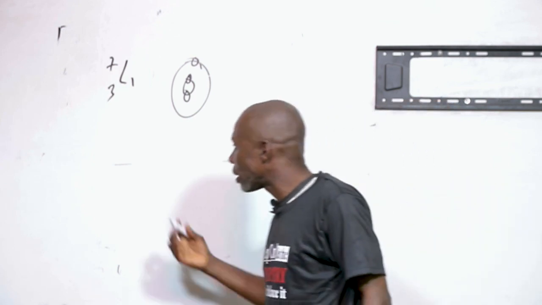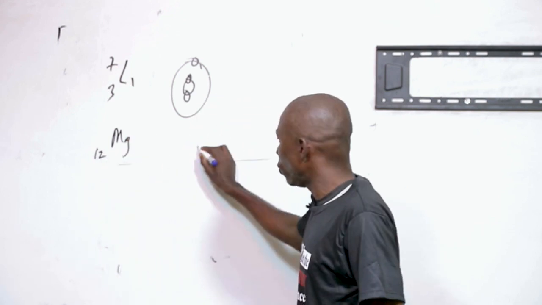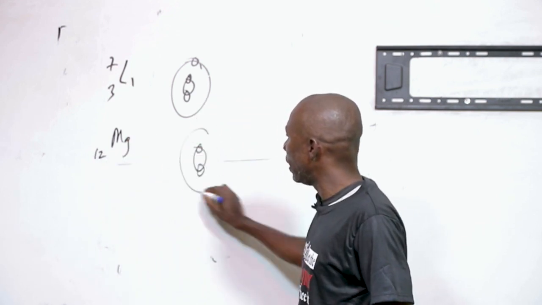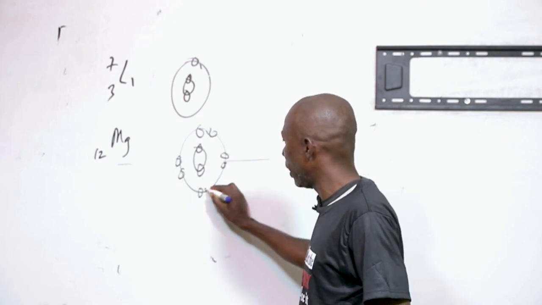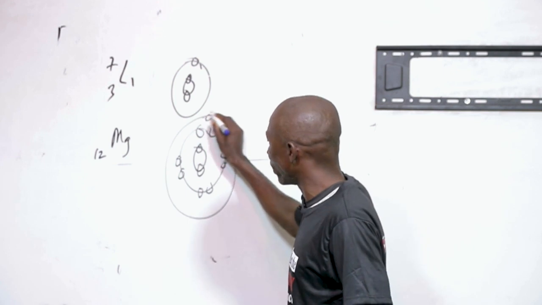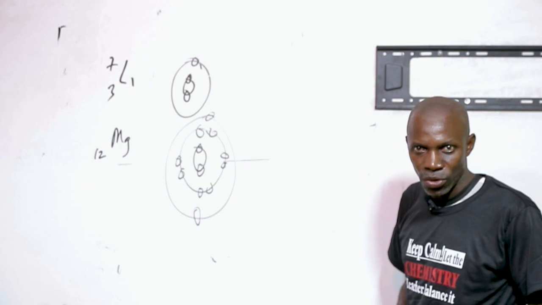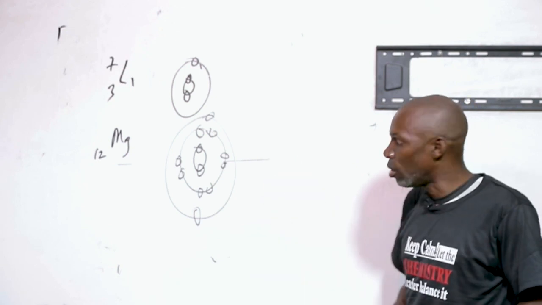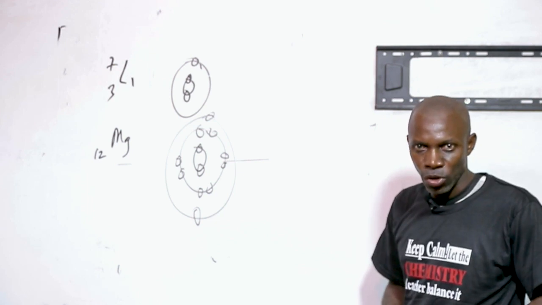If you talk about magnesium, which has 12 electrons, 2 will occupy the K, 8 will occupy the L, and 2 will occupy the M. The atom has 2 electrons in its outer shell, and because it has 2 electrons, the valency of magnesium is 2.